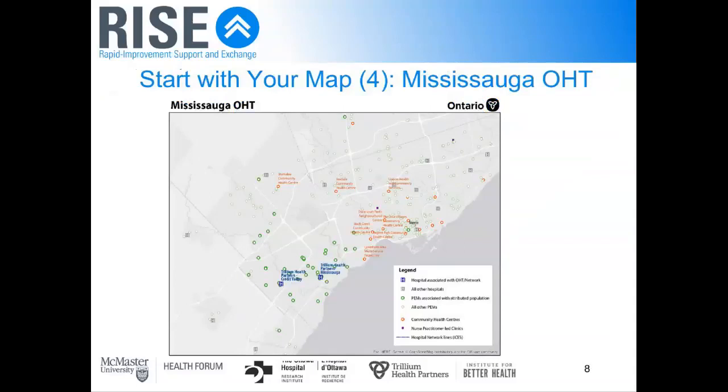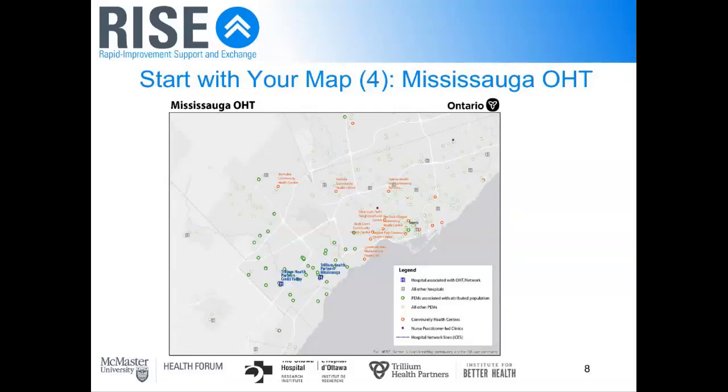And you'll also see quite a few PEMs that are associated with that attributed population that are in the geographic boundaries of Mississauga. So this group of PEMs and the attributed patients with them are those groups that I talked about, those patients that live in Mississauga or those patients that live outside of Mississauga and actually seek their care from a physician or a physician group within the Mississauga boundaries.